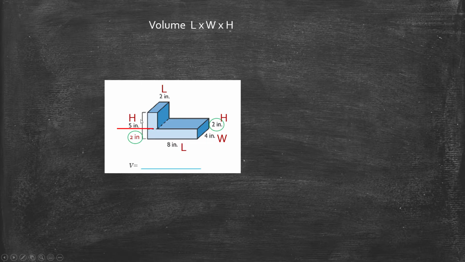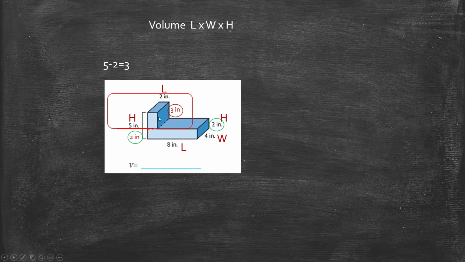If the total was originally 5, this bottom piece is 2, how much is the top piece worth? Well, to find that out, we're going to subtract 2 from 5. That's going to give us 3. Now I put it right here because this is the height, and it's the same height as that right there. So those pieces are equivalent.